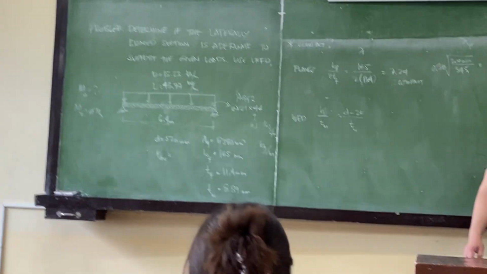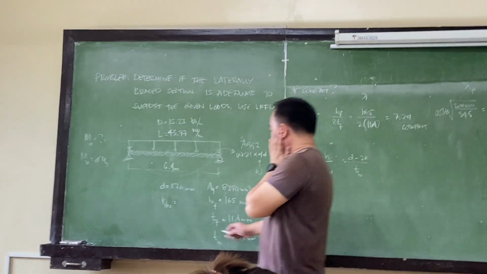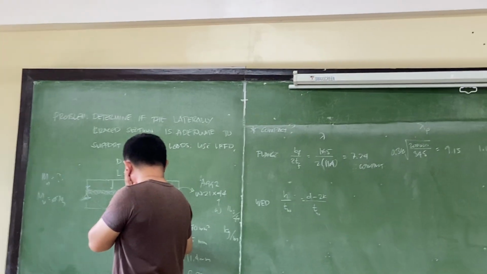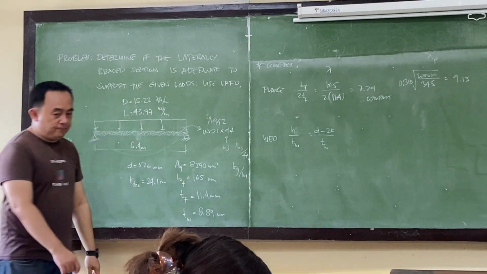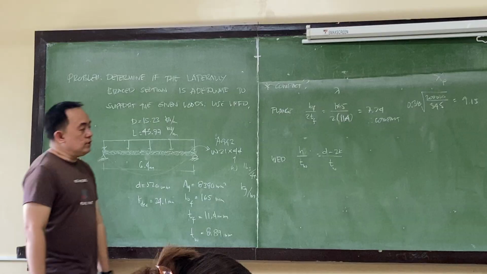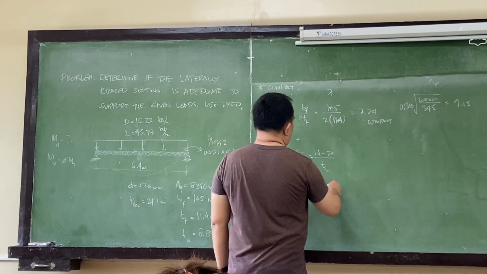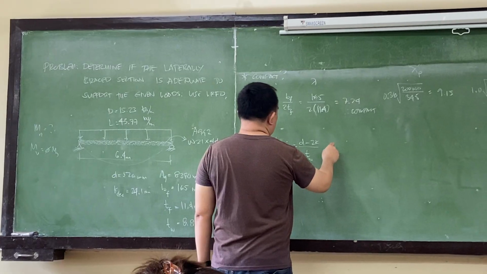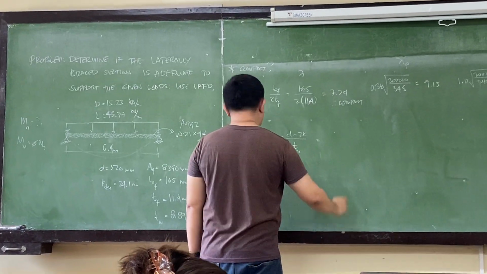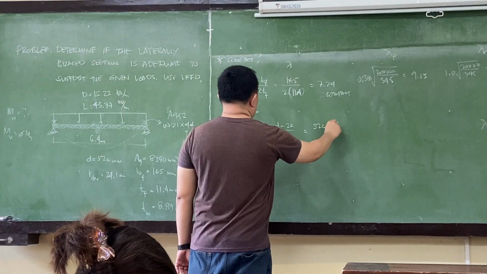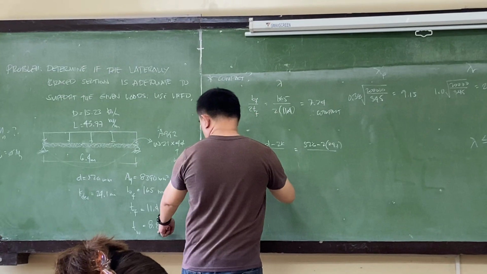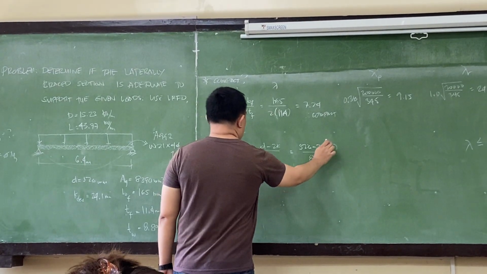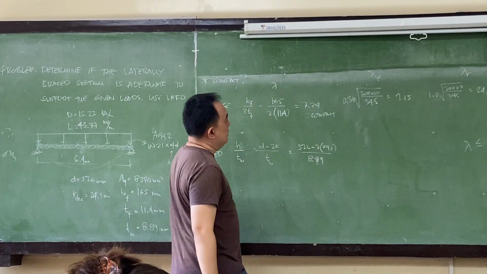So how much is it? 24.1 is the k-det. So you have here 526 minus 2 times 24.1, divided by the thickness of our web, which is 8.89, giving 53.75.